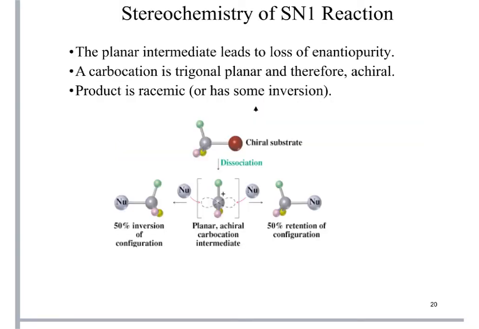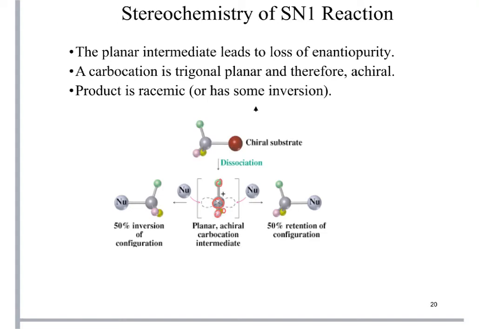Let's take a look at the stereochemical outcome of the SN1 reaction and see how it compares to the stereochemical outcome we discussed for the SN2 reaction, when we saw inversion at the stereogenic center. Since the carbocation is trigonal planar at the carbon in question, the three groups surrounding the carbocation have a trigonal planar arrangement.